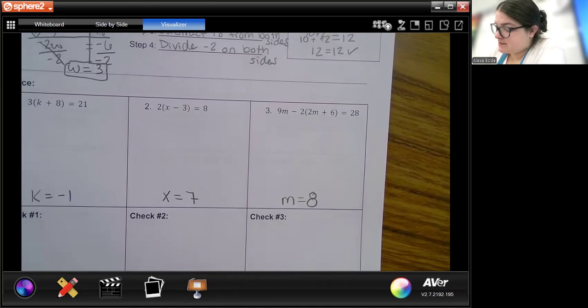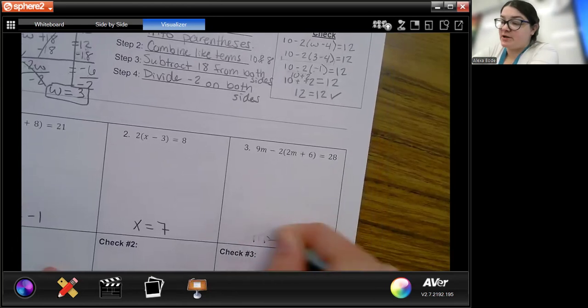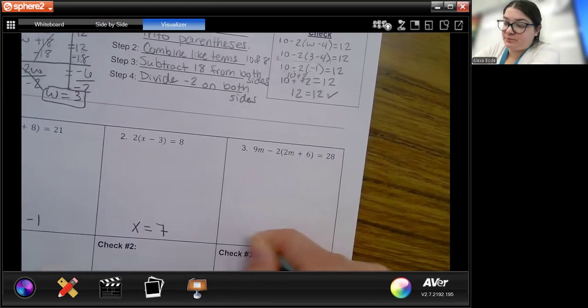Or I didn't make a mistake and I just didn't finish checking it, but no, that's not right. Okay, I'm going to do this one with you guys. You guys can check my work. Hopefully you guys have it correct and I'm doing it wrong.